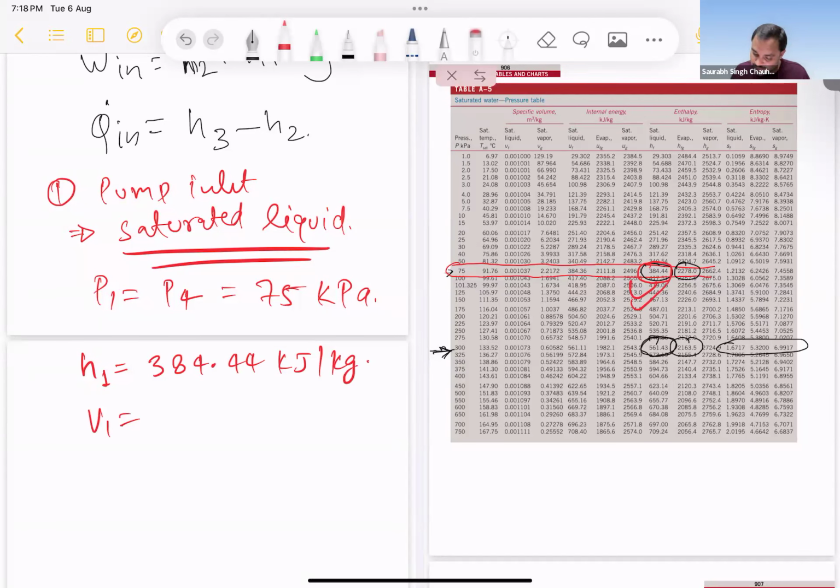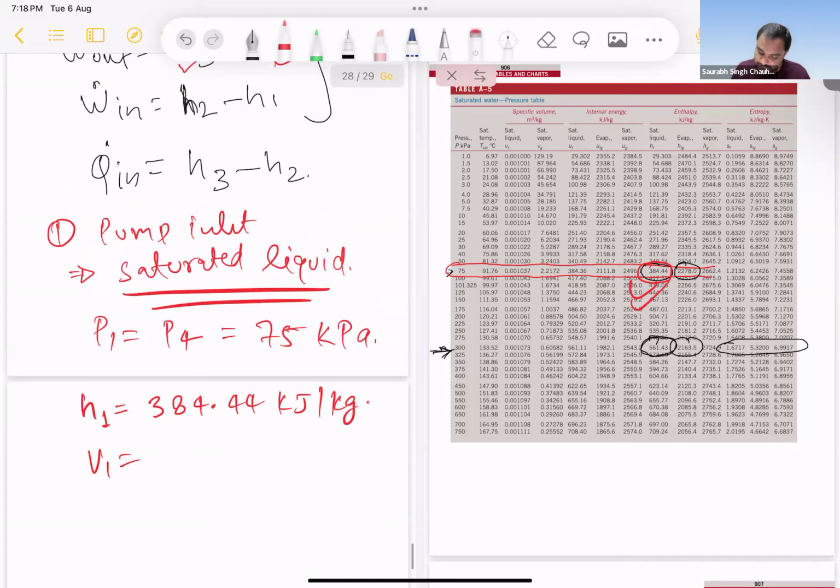Specific volume. Here specific volume is given to be 0.001037 meter cube per kg.